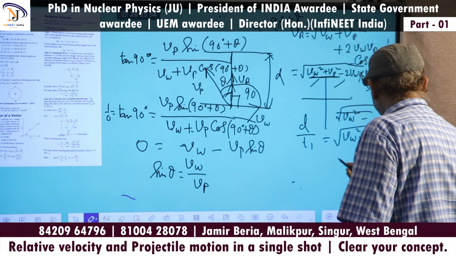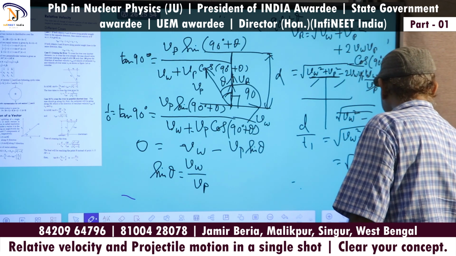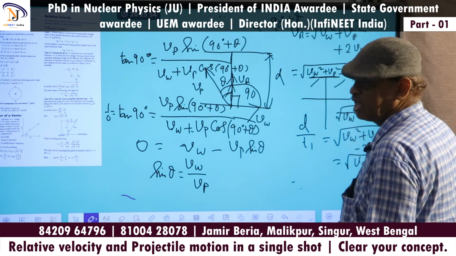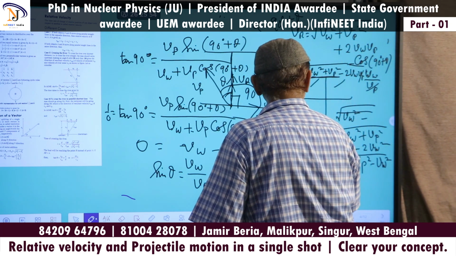Okay? So you may write Vp square minus Vw square.